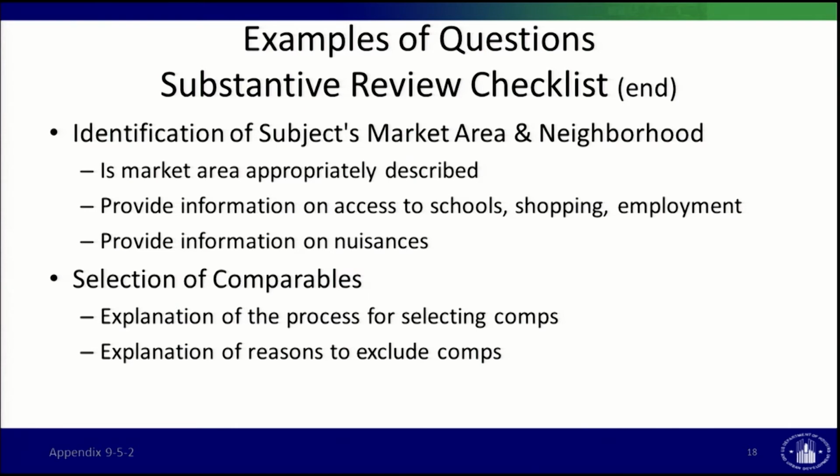Now, in Part D, you should also review the appraiser's explanation of the process for selecting comps and any explanation of the reasons why he or she excluded projects that are near to the subject that could be a comp. Again, there's space in each of these sections for you to comment if there are any issues that you find, and we strongly urge you to do so.